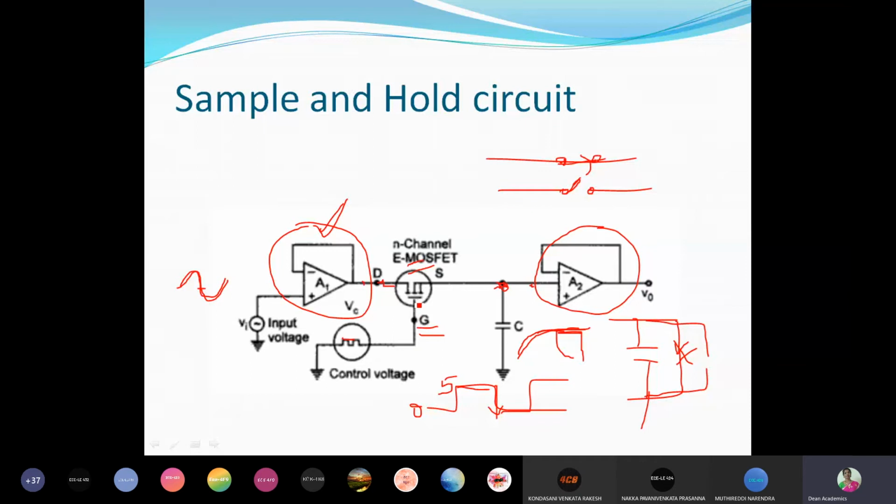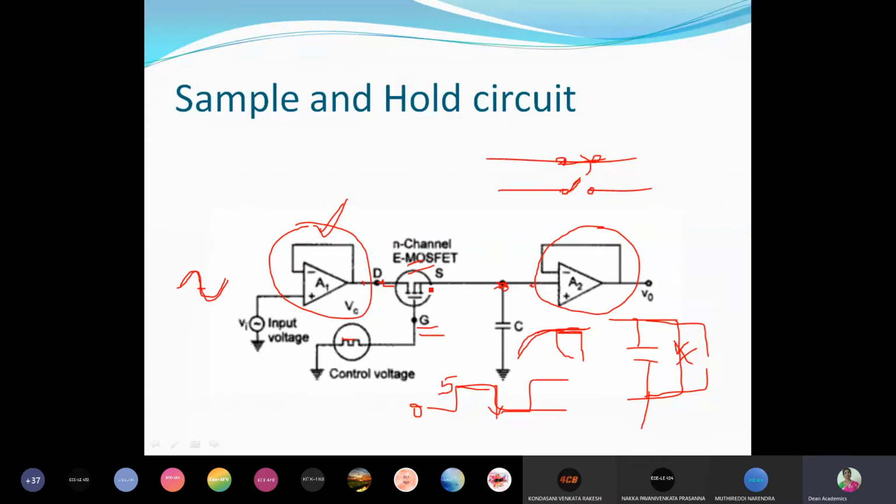If the voltage is high, the switch will be closed. If the voltage is low, that means 0 to 5, if the voltage is 0, the switch will be opened. Now we are explaining that with respect to the waveform.